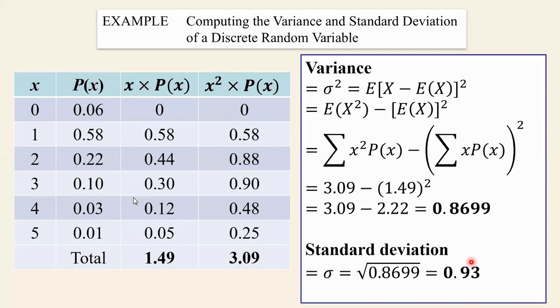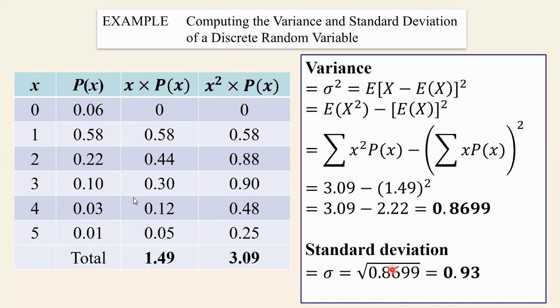That means the average number of rented DVDs will lie between your mean value, 1.49 minus 0.93, comma, 1.49 plus 0.93. It is expected that on average it will deviate from the mean value by 0.93 units, right? So this is the same interpretation, but with the probability distribution we are calculating for the future.